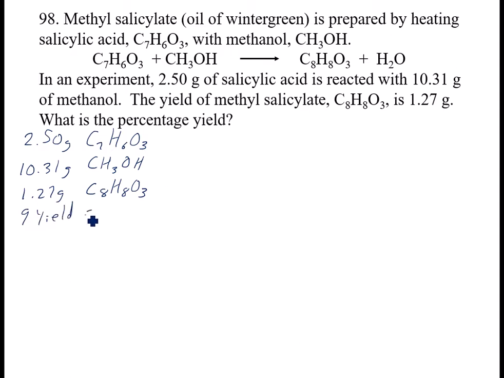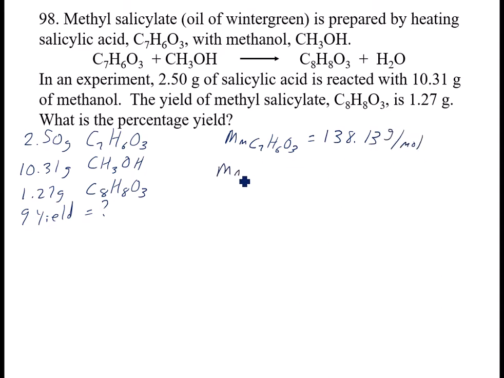Information that I'm going to need that I don't actually have in the problem is the molar mass of my C7H6O3. Got it the same way: 7 times the carbon, 12.01, 6 times 1.01, 3 times 16 is 138.13 grams per mole.